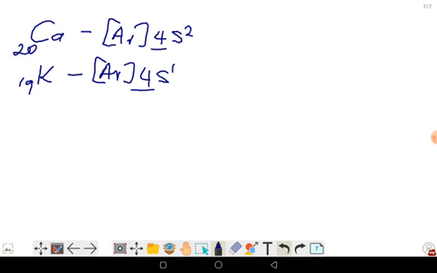And in terms of stability, the two atoms are equally stable, because the s orbital of calcium is completely filled while the s orbital of potassium is half filled. So stability is ruled out in this case.